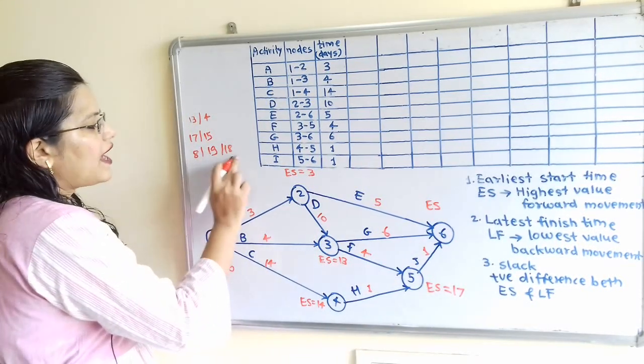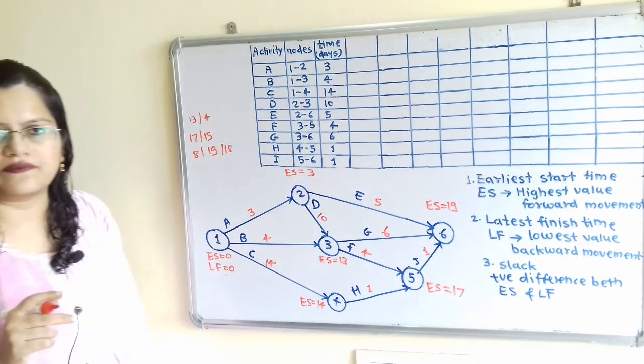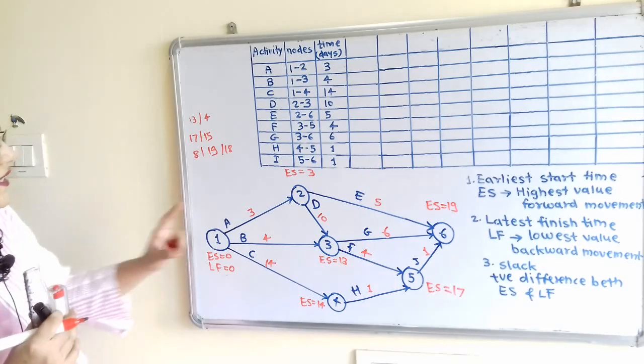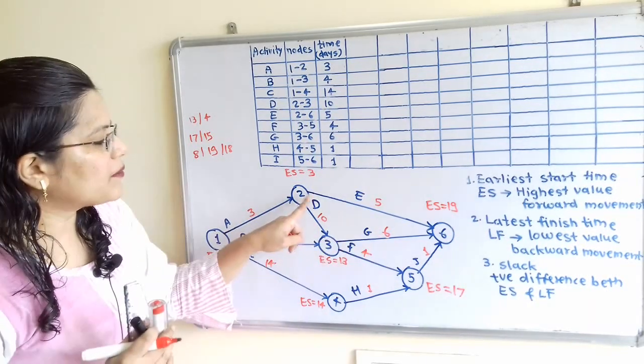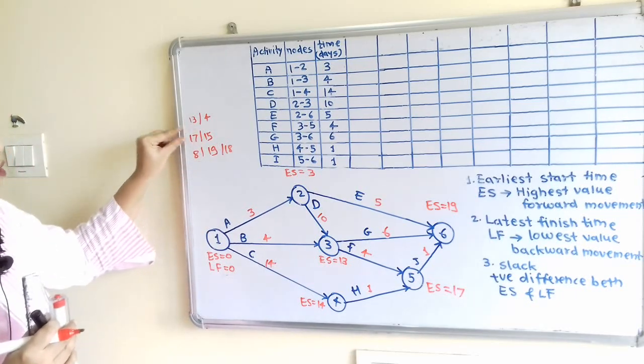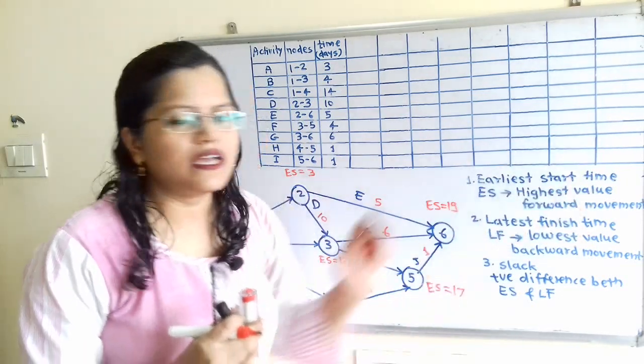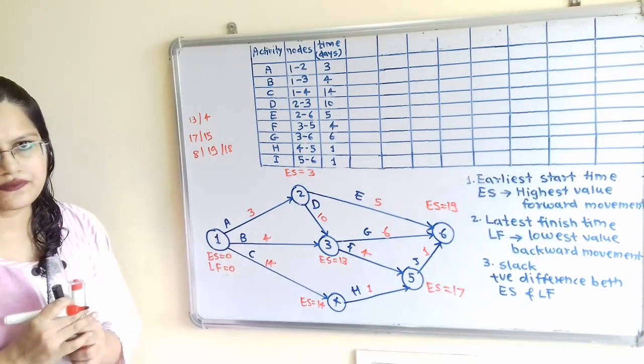The highest value is 19, so I will select 19 here. So when the number of arrows is more than 1, that many options are available, and among those options we have to select the highest value.